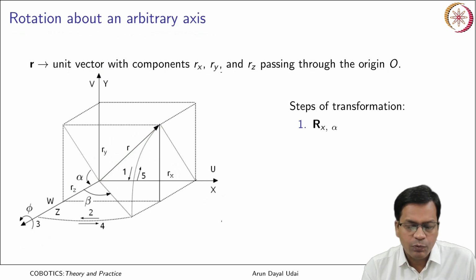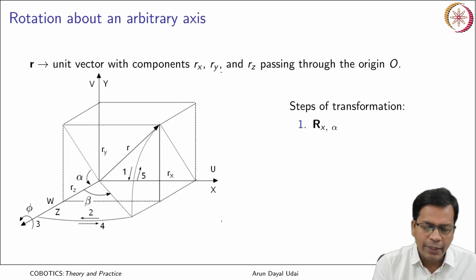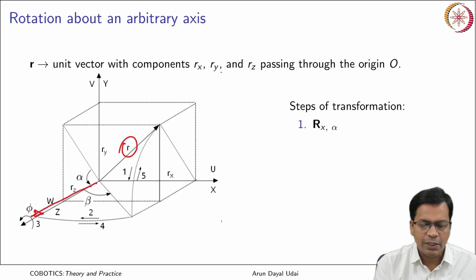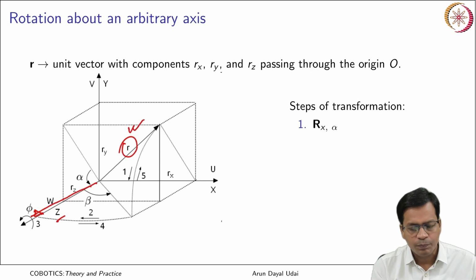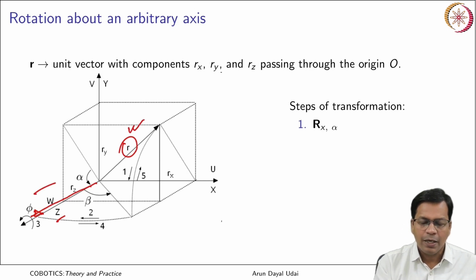The steps would be, we'll try to align R after consecutive rotations to one of the principal axes. In this case I choose it to be along the Z axis, so I'll do in steps a few rotations so that R gets aligned to the Z axis, and I'll do the rotation and then bring it back to the original state.